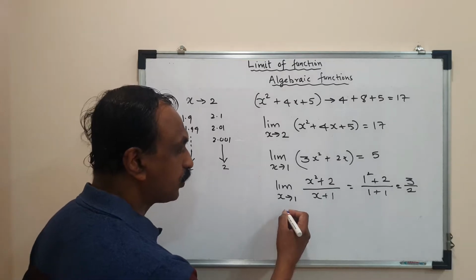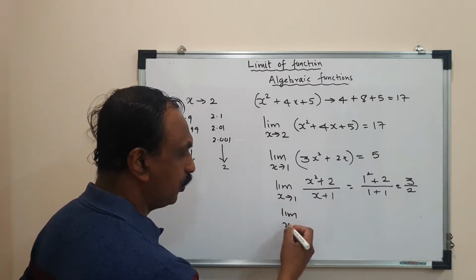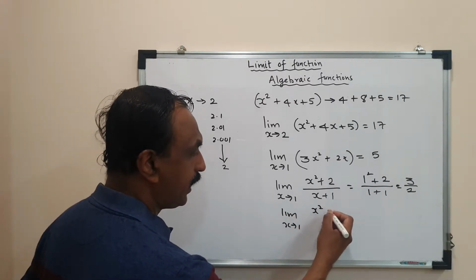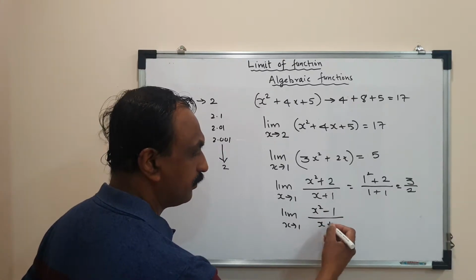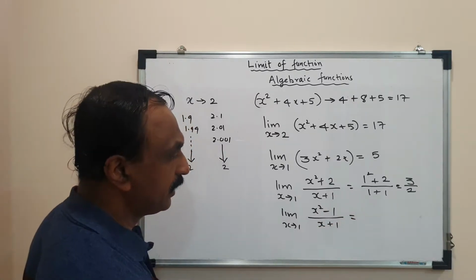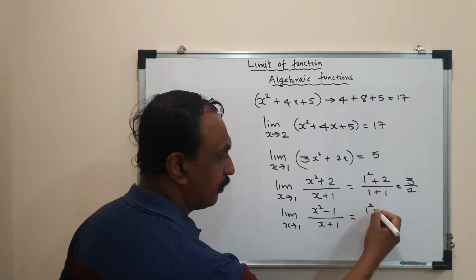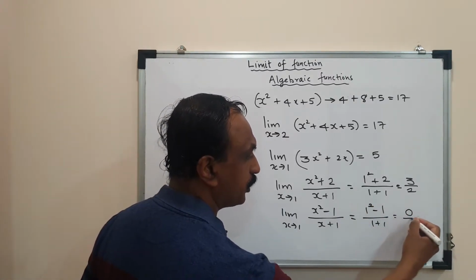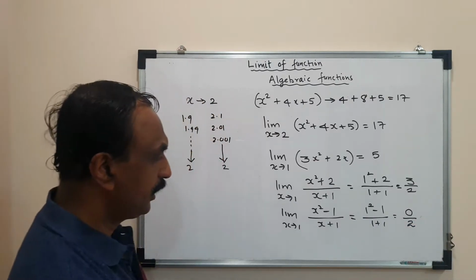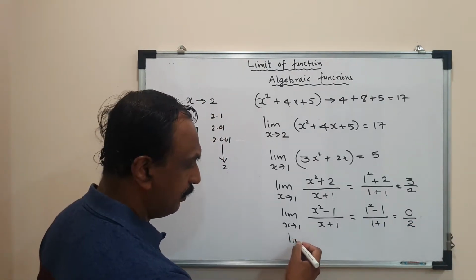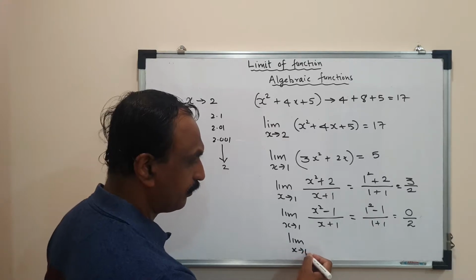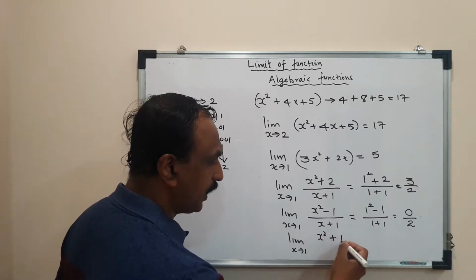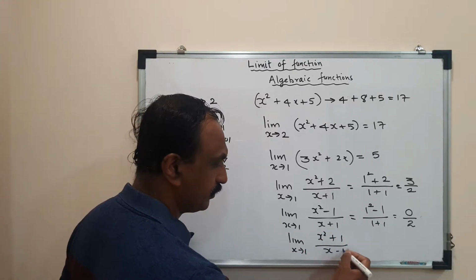Now let's look at the next one. Limit x tending to 1 of x square minus 1 upon x plus 1. This answer would be 1 square minus 1 upon 1 plus 1. This will give me 0 by 2. Now let's have a look at this one. Limit x tending to 1 of x square plus 1 upon x minus 1.